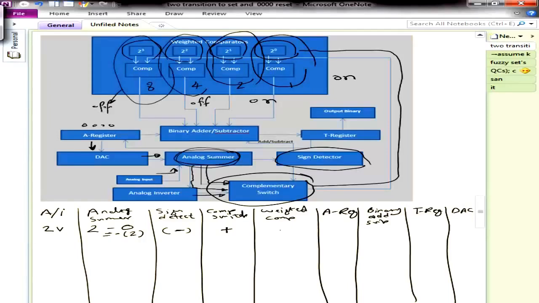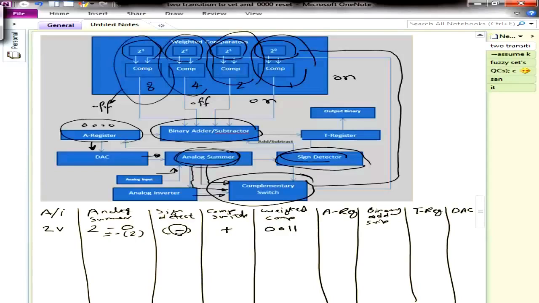So the first suggestion from the weighted comparator for the analog input is 0011, which is close to 2, but it's not 2. This feeds to the binary adder subtractor, which performs add or subtract of this value with the A register. The add or subtract is determined by the sign detector. If the sign detector finds a negative value, we perform an addition.